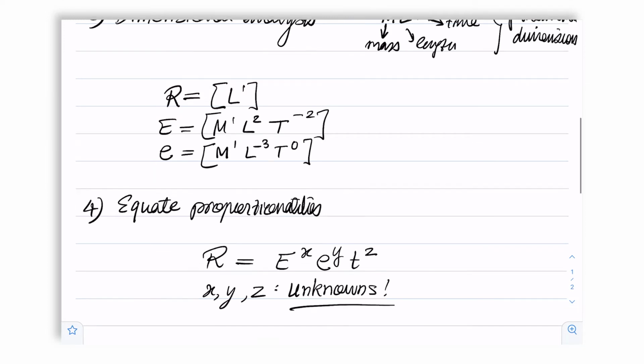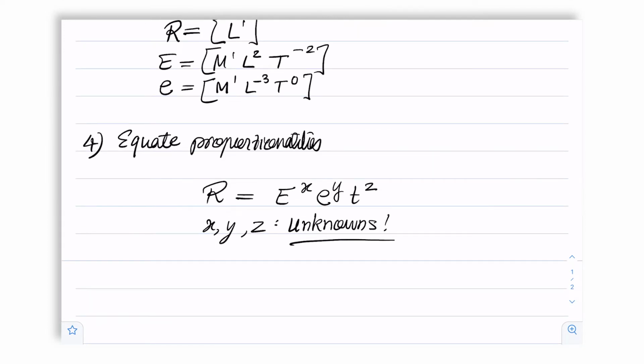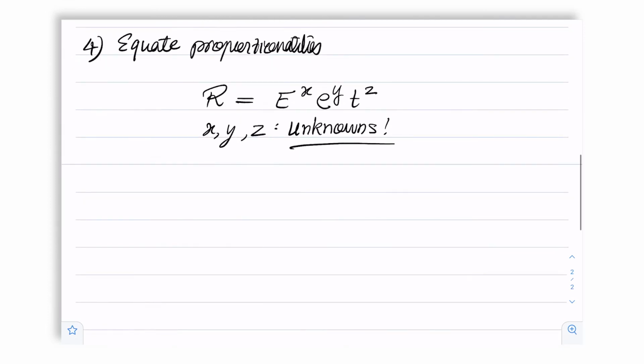We want to find them out. The most exciting step here is to use the dimensions to give us a sense of what these numbers are, these values of the unknowns.